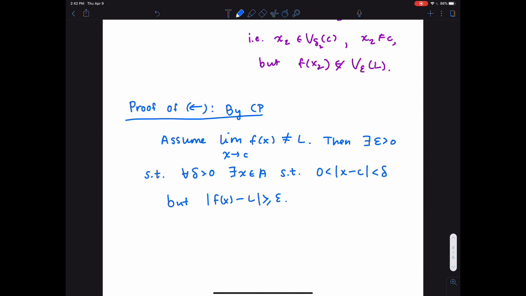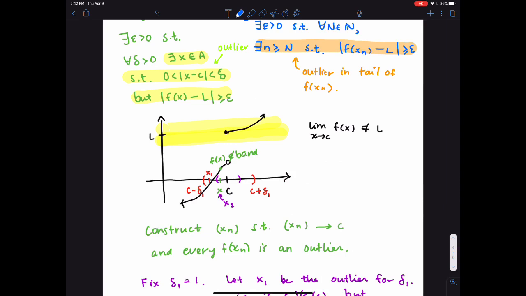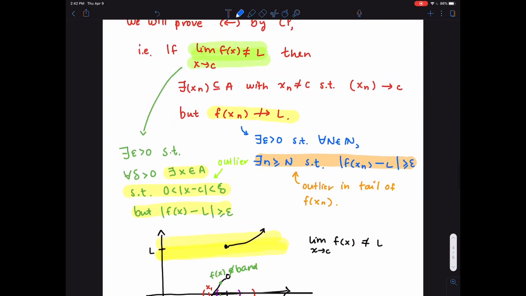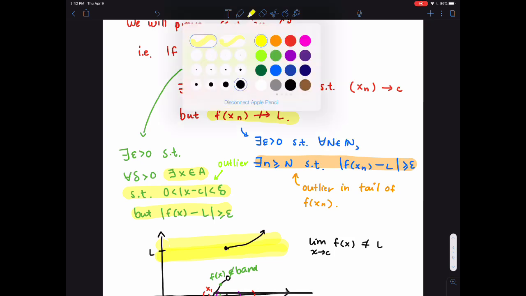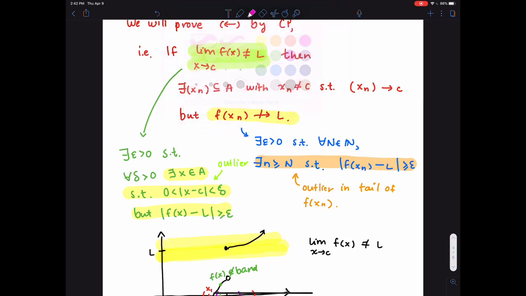Now my goal is to pick a sequence. So let's go back up to this statement. I am trying to prove that there exists this xn, a sequence in A with xn not equal to c, such that xn converges to c.